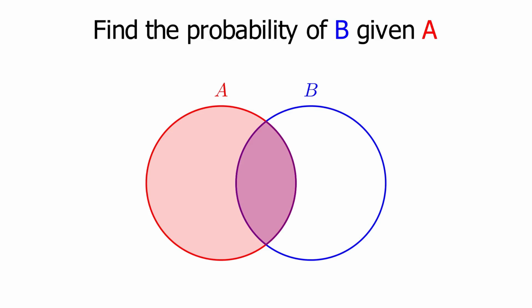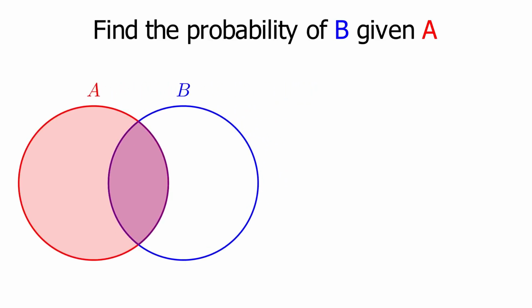So to represent this as a formula, we can say the probability of B given A, because remember this time we're finding B and we're given A, so we would format it like this, and then it'll be equal to, and in the denominator, now it'll be the probability of A since that's what we're given, and then in the numerator, it still remains the same. It's going to be the probability of A and B.